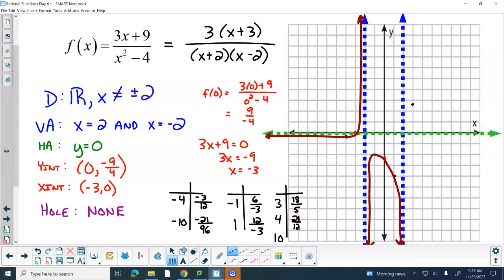That is less than 2. 10. 30 plus 9 is 39. Over 96 is less than 1.